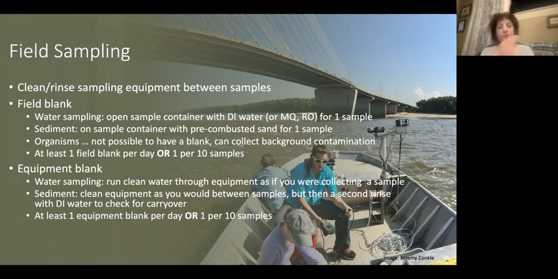For sediment, you want to clean equipment as you would between samples, but then do a second rinse with DI or MQ or RO water to check for any carryover, anything that got left behind. And having at least one equipment blank per day or 1 per 10 samples is important. It's not always realistic to have 1 per day. And triplicates if possible.